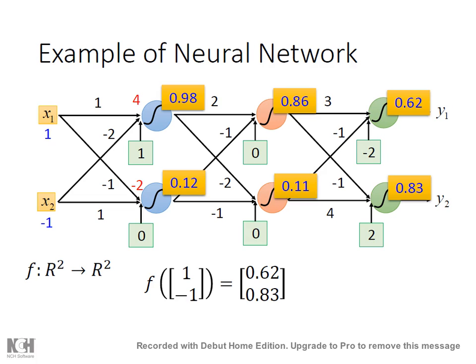If you use more layers, your power will be stronger, but it still has some limitations. Okay, so here you can see we just mapped the two values, 1 and minus 1, to 0.6362 and 0.83.